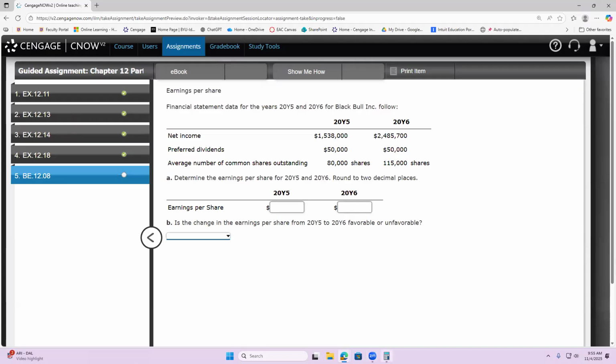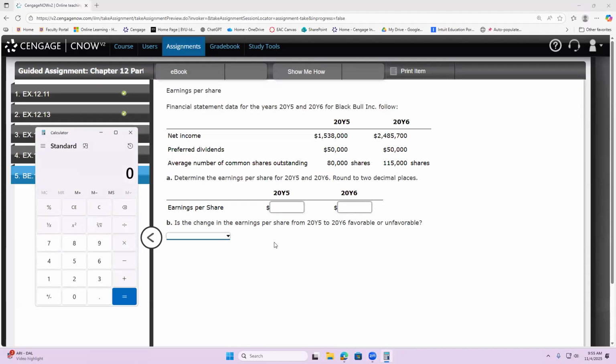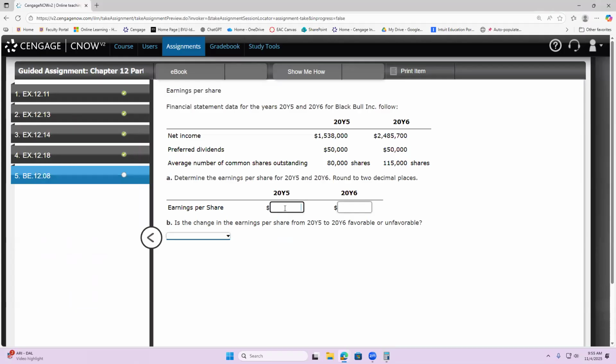To find our earnings per share, we're just going to take the net income, 1,538,000, minus the preferred dividends, and then divide that by the average common shares outstanding. So for 2025, I get 18.6. That means the company is earning $18.6 per outstanding share.